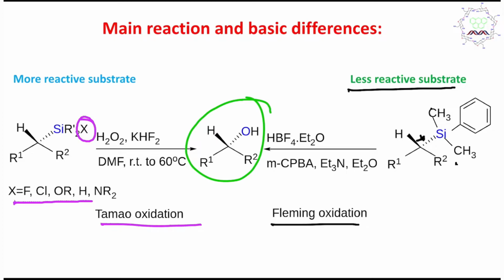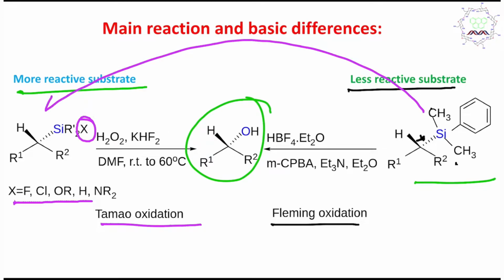So you may consider that the substrate for Tamao oxidation is relatively more reactive compared to the Fleming oxidation substrates, and that's why when you want to carry out Fleming oxidation, first it is converted into a reactive substrate, and later on it is oxidized.